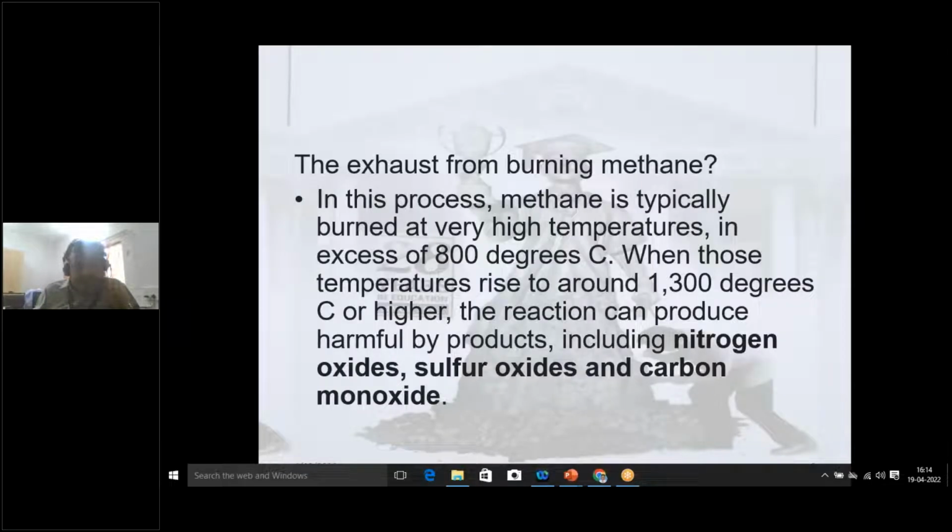The exhaust from burning methane: methane is typically burned at a very high temperature in excess of 800 degrees centigrade. When the temperature rises to around 1300 degrees centigrade or higher, the reaction can produce harmful byproducts including nitrogen dioxide, sulfur dioxide, carbon monoxide, etc. So these have to be considered for the environmental aspects.